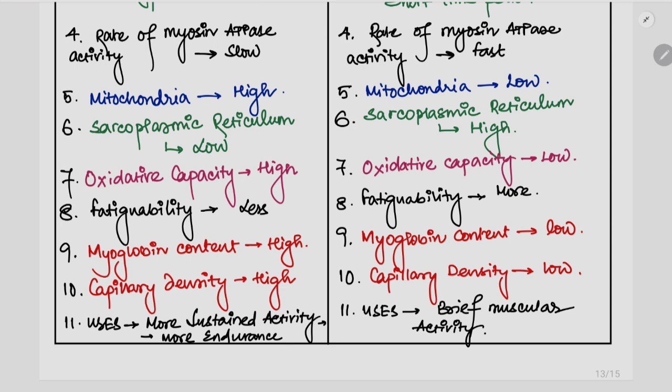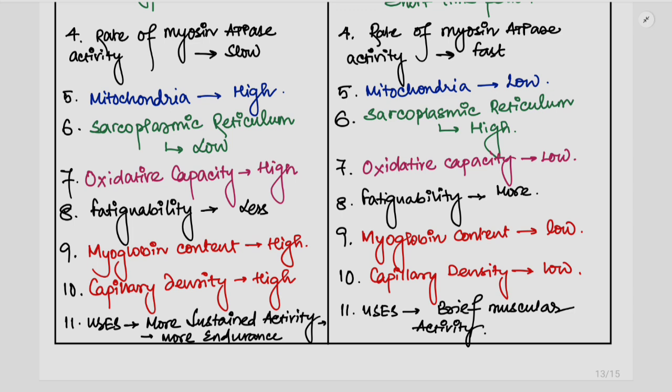Examples of type 1 muscle fibers: soleus, which works in standing, like 1 hour or 1.5 hours in a train. So soleus is a type 1 muscle fiber, but muscles like the lateral rectus or the gastrocnemius are type 2 muscle fibers. Their work is very brief, but type 1 muscle fibers work for a sustained period of time.